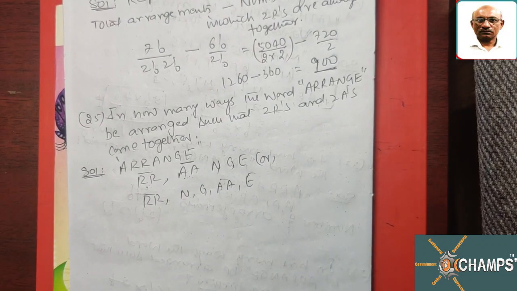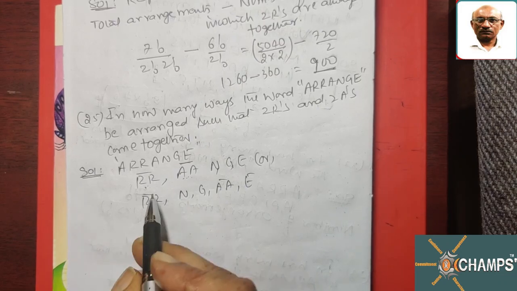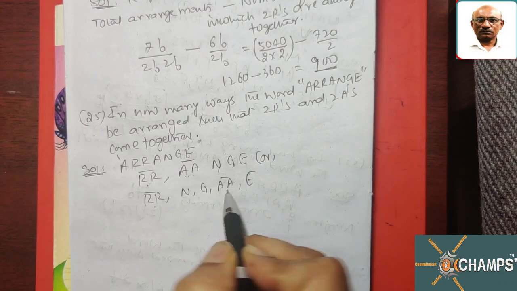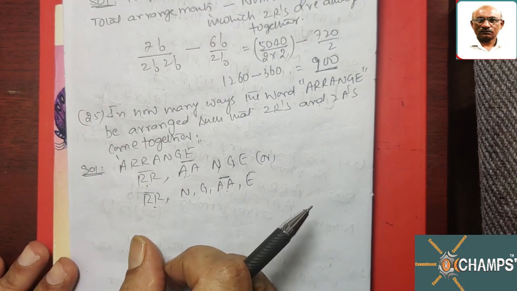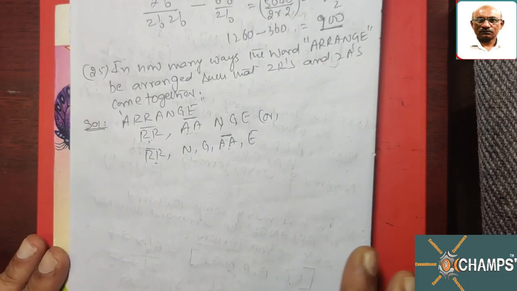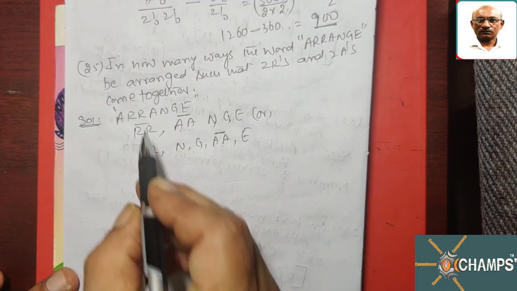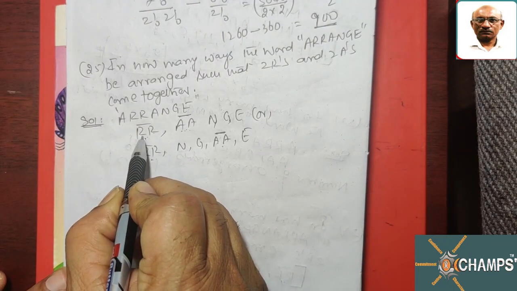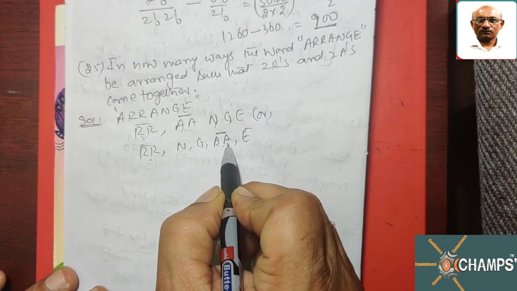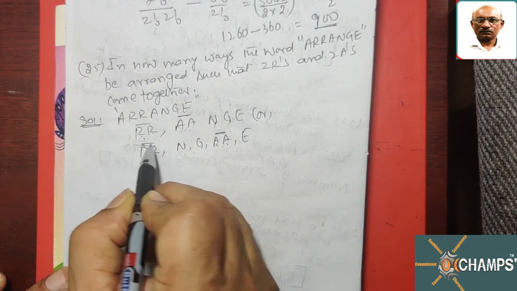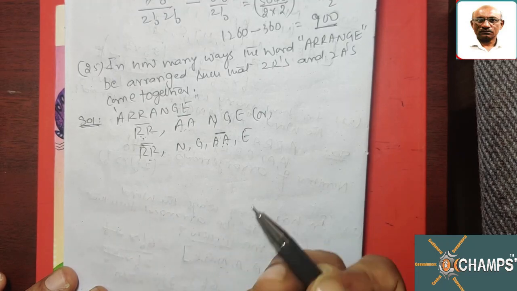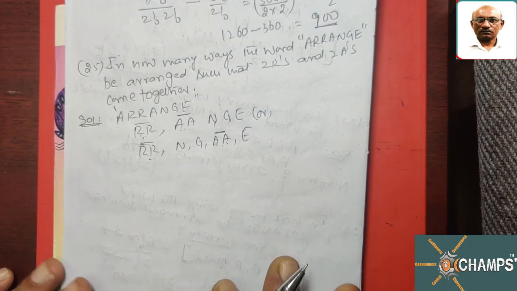Look at the difference between these two. Here 2 R's are together, 2 A's are together. That is the condition given in the question. Whatever word you are forming, in that word 2 R's are always together and 2 A's always together. And I don't want R's and A's together. They may come, they may not come. I don't mind for that.